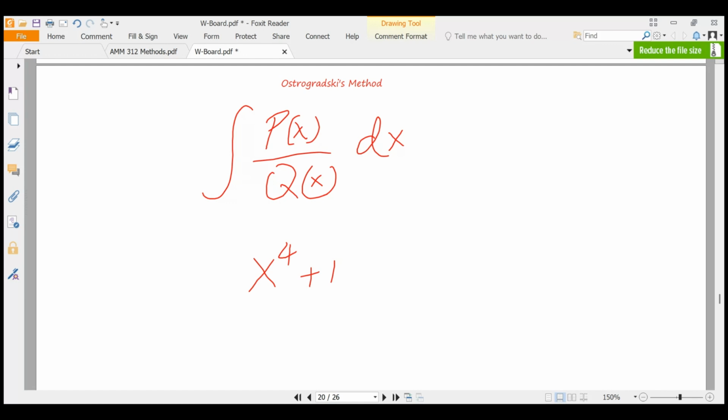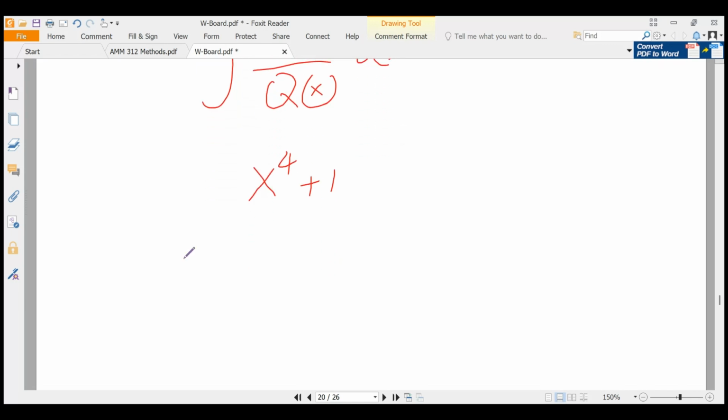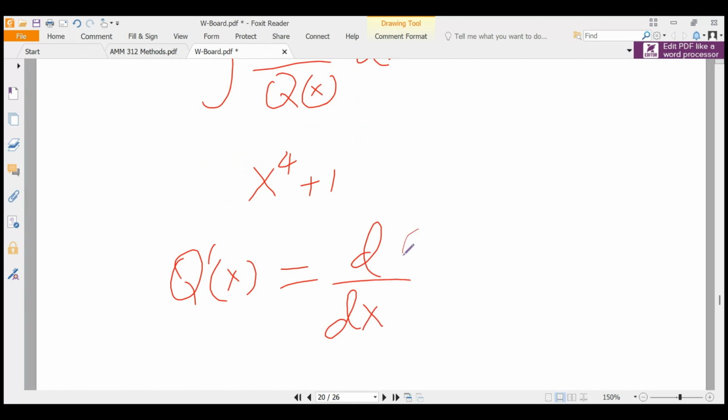Now, the insight by Ostrogradski is that you don't always need to factor q of x fully. Instead, Ostrogradski's method offers a structured decomposition based on the algebraic relationship between the function q of x and its derivative q prime of x, which is basically the derivative with respect to x of q of x.